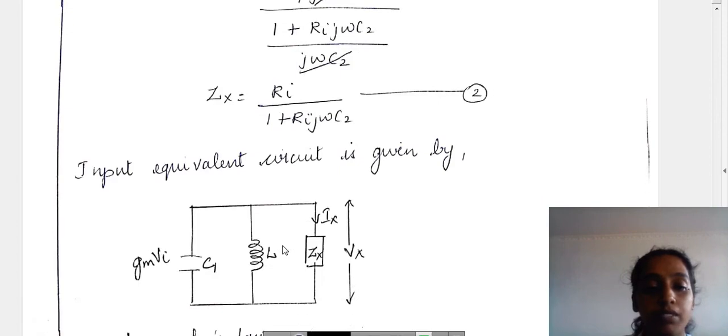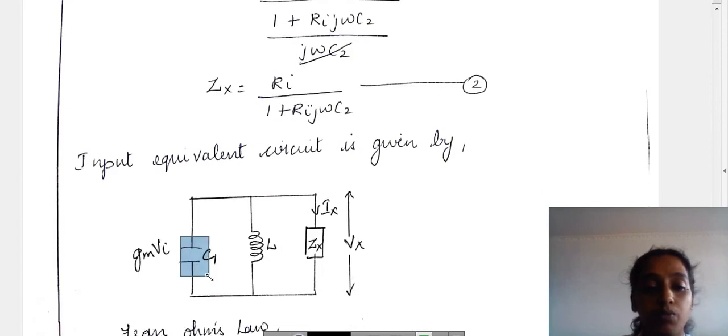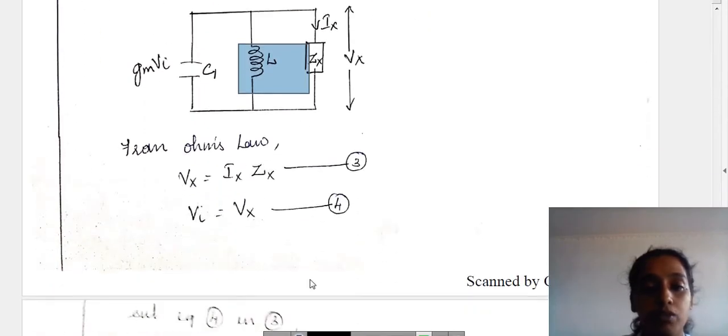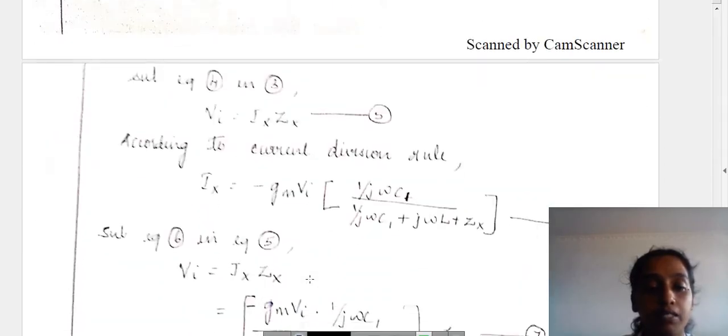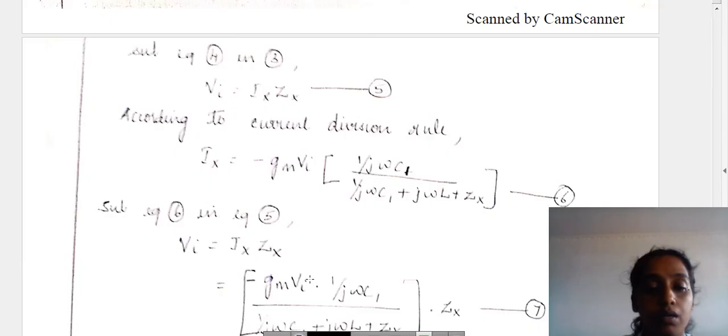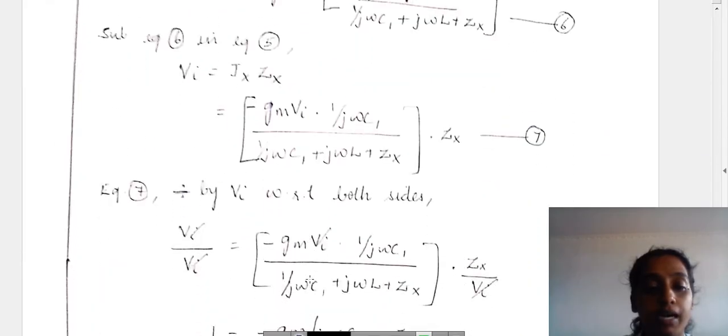From the input equivalent circuit we have another one, C1, and we have L. So by using Ohm's law, Vx is equal to I into Zx. Consider Vx as Vi and substitute the value of Ix in equation 5 by using the current divider rule. We have to find the value of Vi.